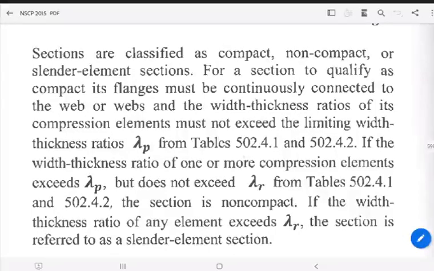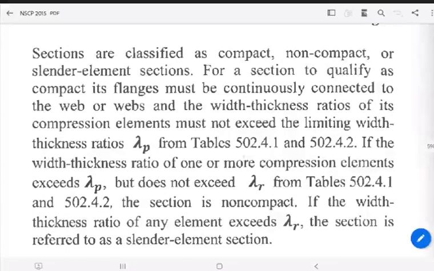Now, if the width to thickness ratio of any element exceeds lambda r, the section is referred to as a slender element section. So now we have three classifications for section: compact, non-compact, or slender elements.